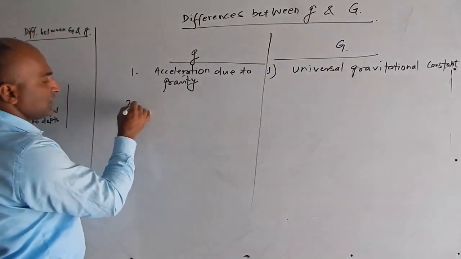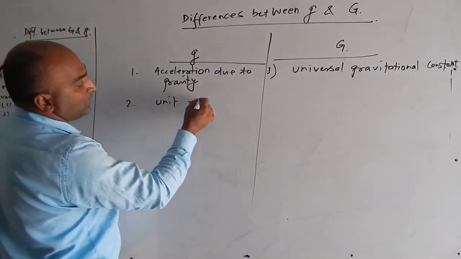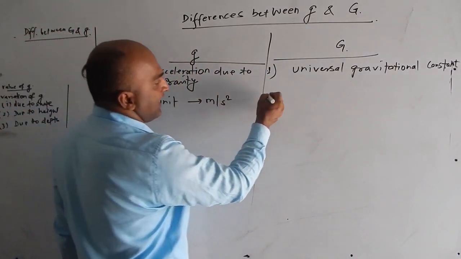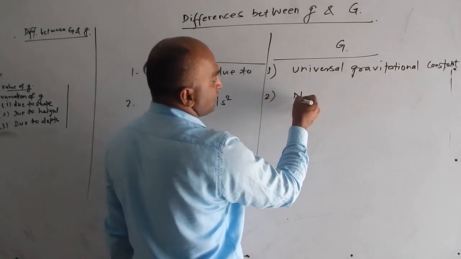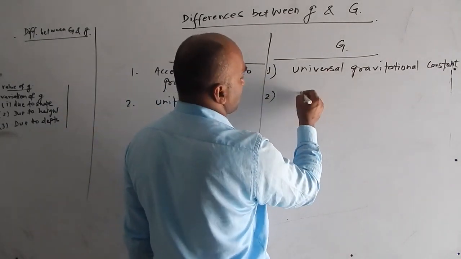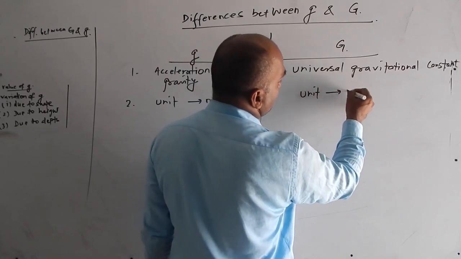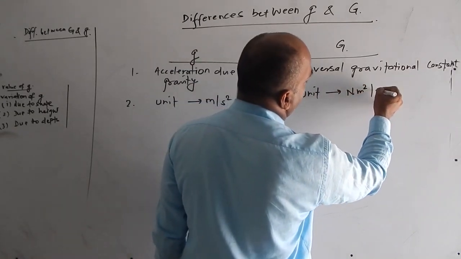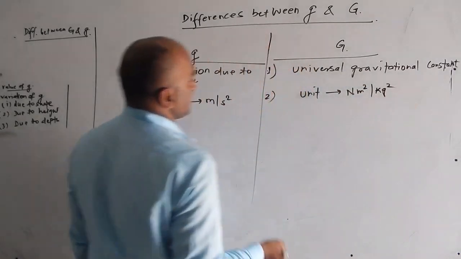Similarly, the unit of small g is meter per square second, and the unit of capital G is Newton meter square per kg square.